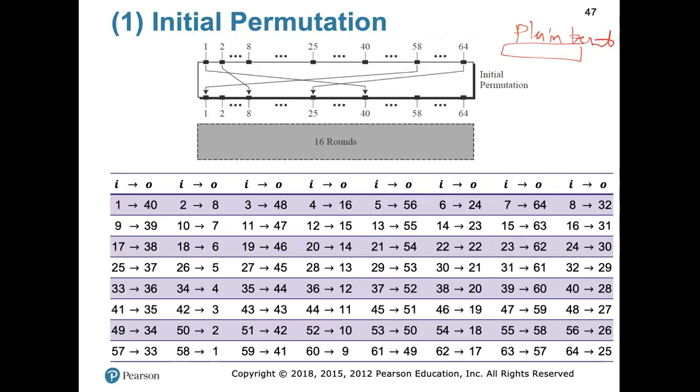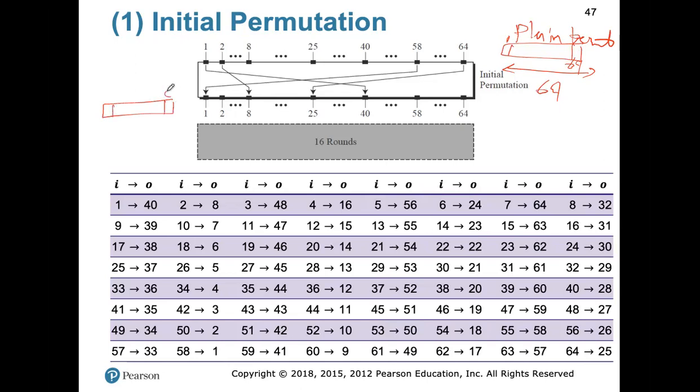Which is 64 bits. And this bit is called bit number 1, and this is bit number 64. If you're used to binary numbers and hex numbers in the computer domain, you know that we normally count them this way.